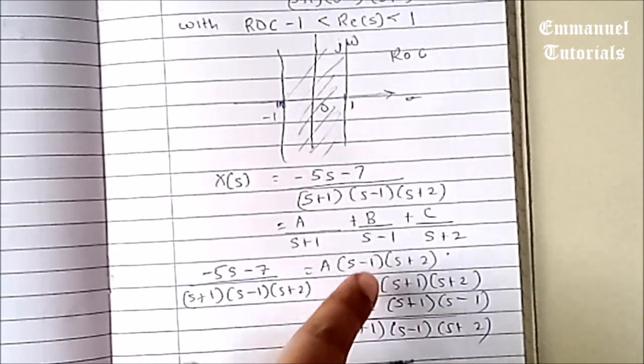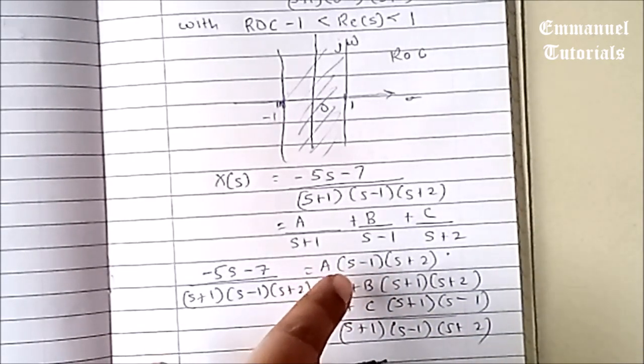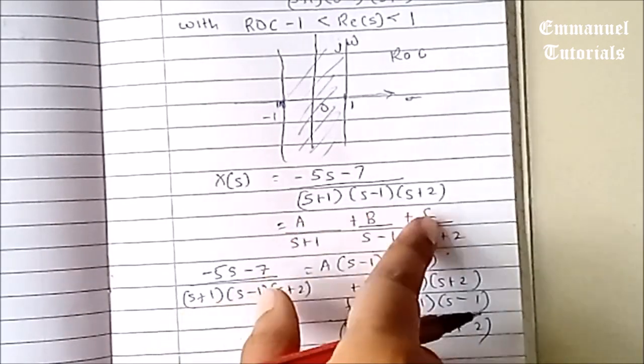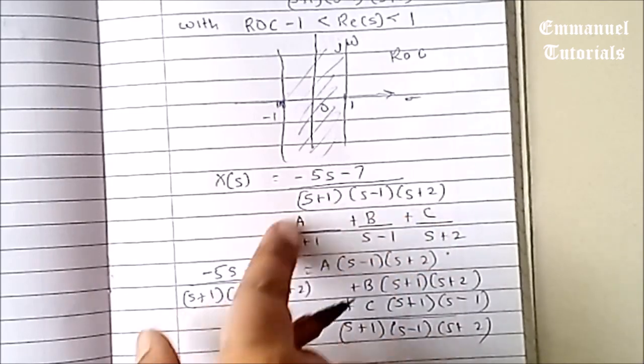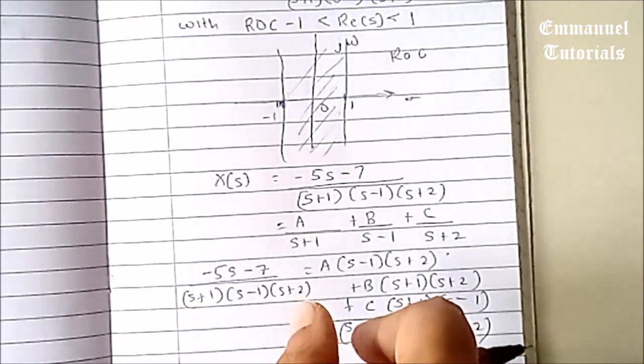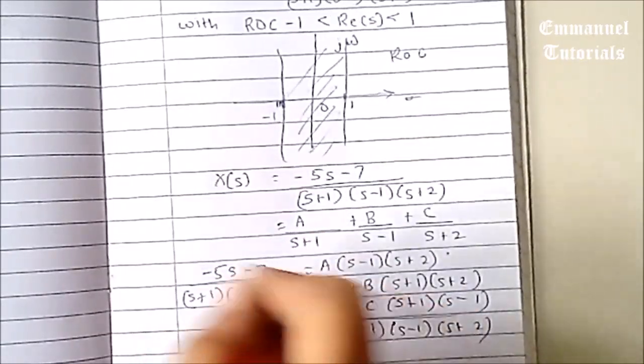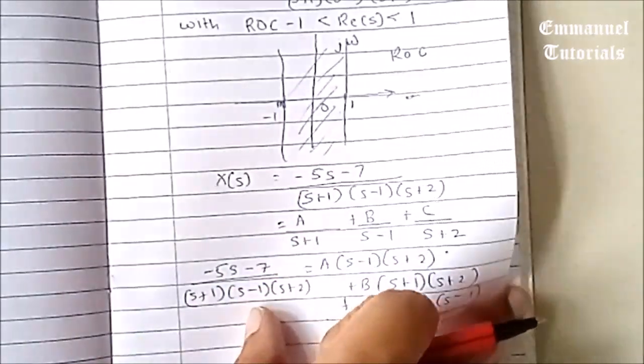Now what we'll do is just substitute s value equal to 1, minus 1 and minus 2, so that we can find out the values of a, b and c. So for that we can just cancel the denominators, so only the numerators will be left.